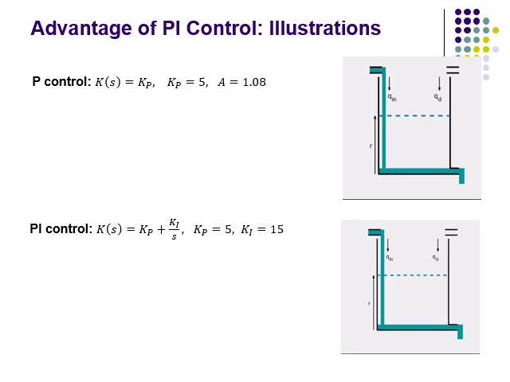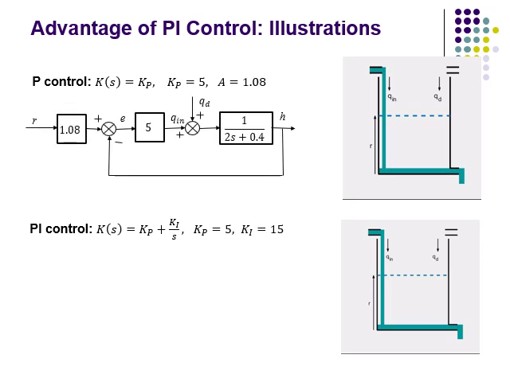With this value of A, we find that the steady state gain that goes from R to H will be equal to 1. This shows the system structure, block diagram, and we're going to show the animation now.